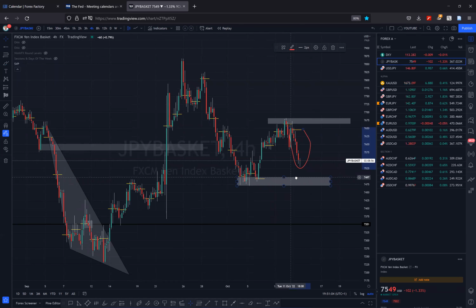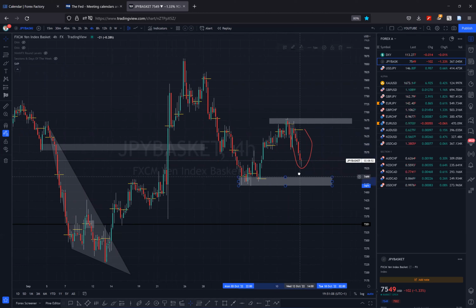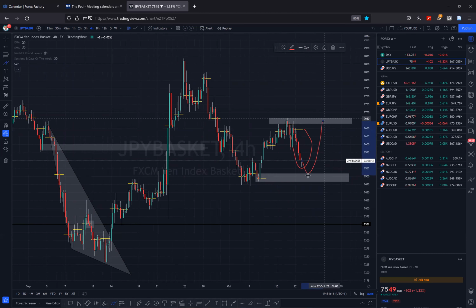So we'll be keeping an eye on this level for a potential rebound, bounce from here. If we break here, then we'll be looking for long-term bearish, but just by the way, let's focus on the USDs for now.